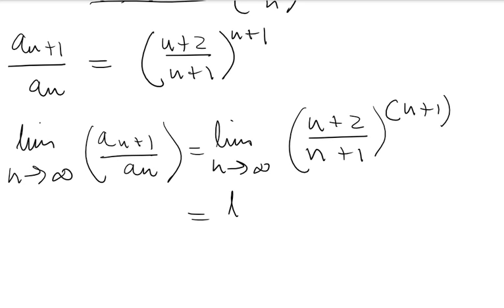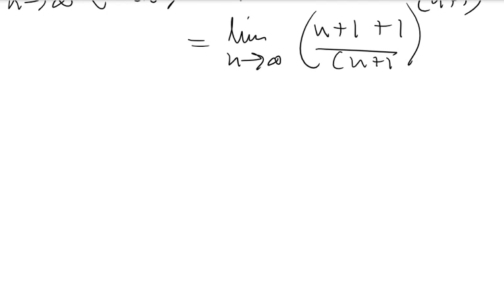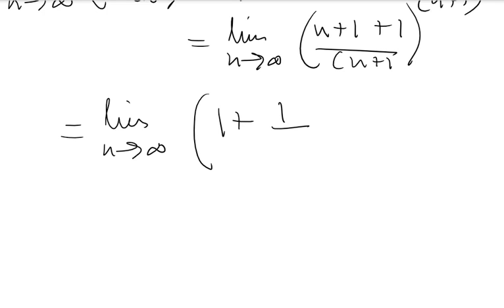This can be written as limit n tends to infinity of n plus 1 divided by n plus 1 whole to the power n plus 1. Let's scroll down. So this finally becomes limit n tends to infinity of 1 plus 1 by n plus 1 whole to the power n plus 1, which is equal to e.